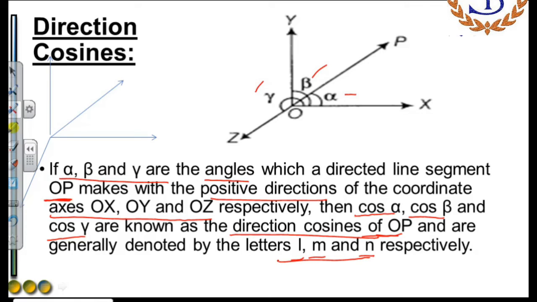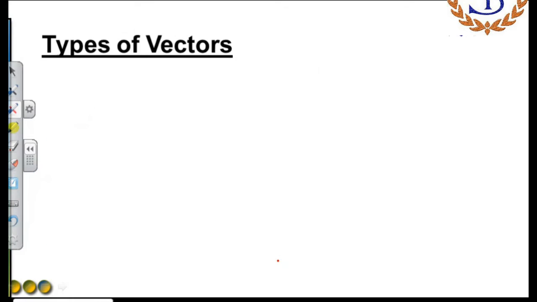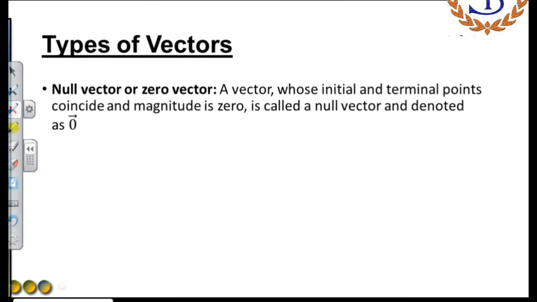Yes. Next, types of vectors. In these types of vectors, first is the null vector or zero vector. A vector whose initial and terminal points coincide and whose magnitude is 0 is called a null vector, and it is represented by a zero vector.